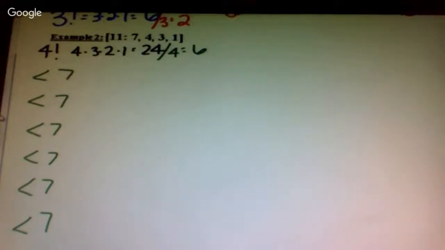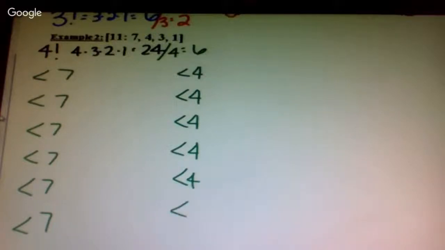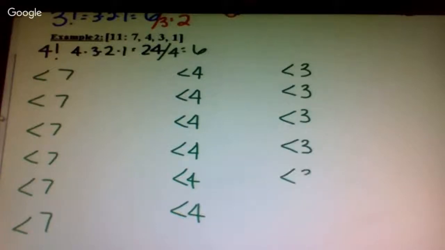I have 6 that start with the number 4. Yes, this is a lot of work. I'm sorry. I have 6 that start with the number 3. And I have 6 that start with the number 1.